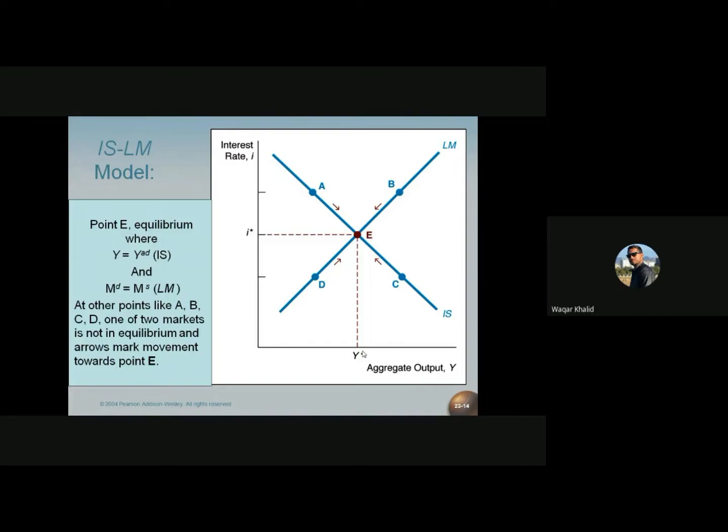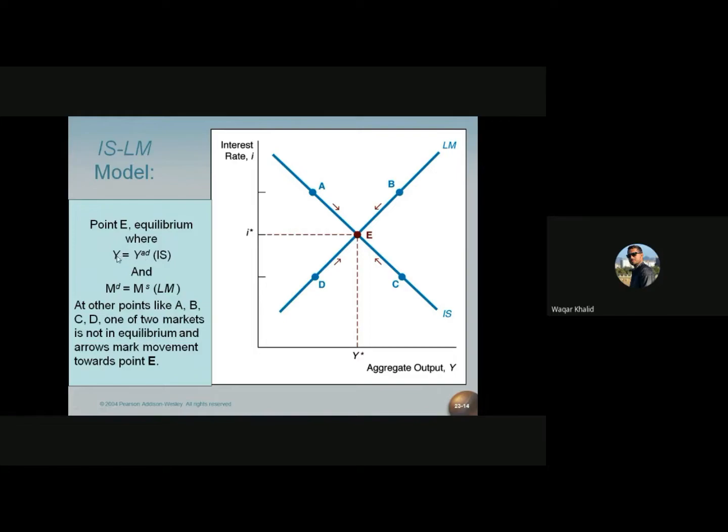The only point at which the goods market and the money market are in simultaneous equilibrium is point E. It means that the IS curve touches the LM curve. Look at here, point E. This is the equilibrium point where Y is equal to YAD.